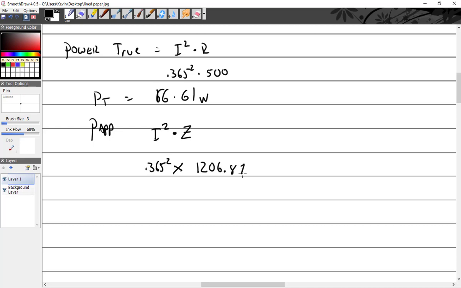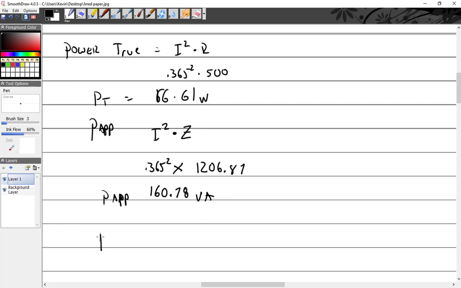Okay, so 0.365 squared times 1206.81 equals 160. What'd you get? 160.4. I got 78. Volt amps. Volt amps.